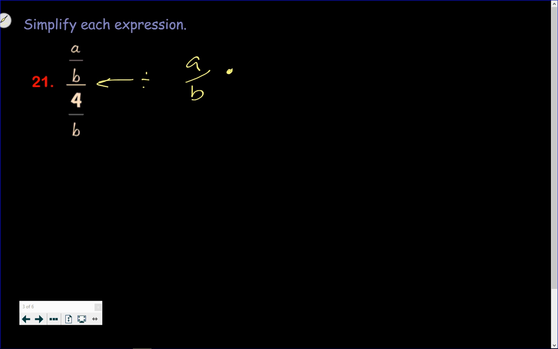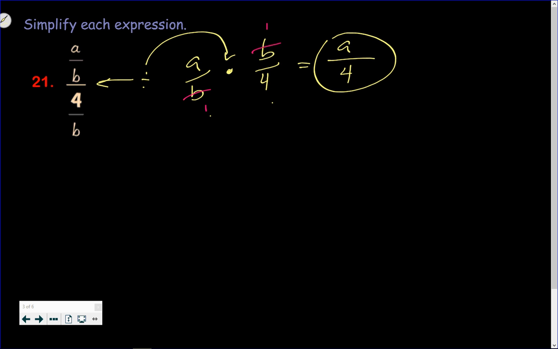Okay, so I'm going to change the division to a multiplication. And then I'm going to flip that bottom one. And then I go ahead and cancel those out. Actually, they just equal 1. And then multiply my fractions, numerator times numerator, denominator times denominator. That's as far as I can go.